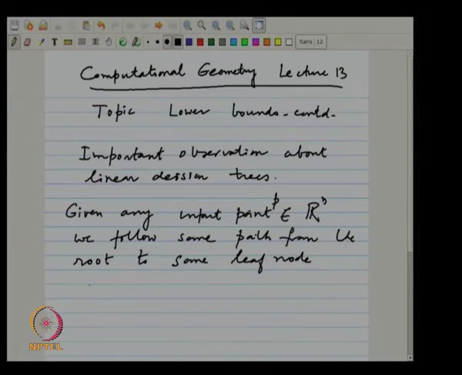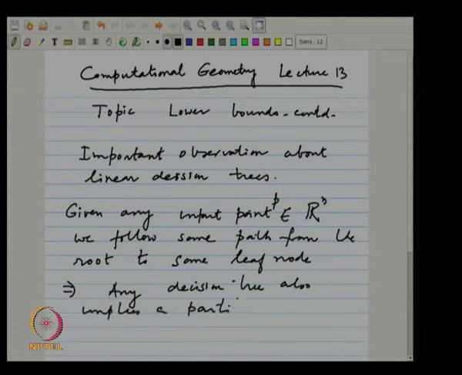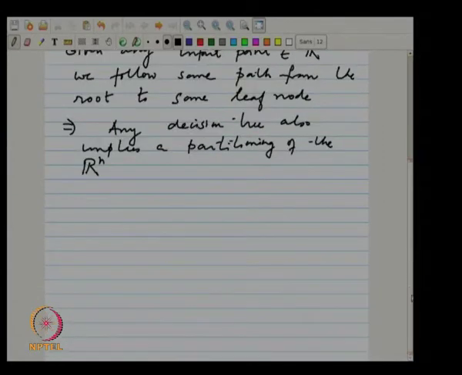So, in other words, this decision tree, whatever it is, some specific decision tree, also implies a partitioning of the n dimensional space in the following way.